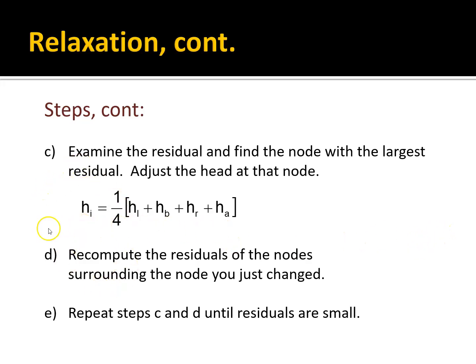So we basically repeat steps C and D over and over in a loop until eventually those residuals get smaller and smaller, and they'll finally converge. Once it gets under some tolerance, then you can stop. So this is a very simple algorithm. It may not be the most efficient algorithm in terms of time to solve, but it's a really simple thing to implement.